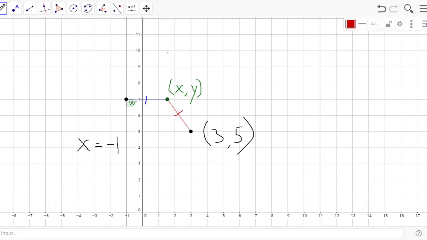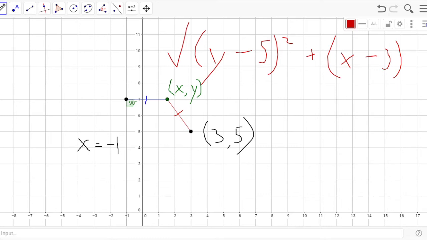Quite simply, this distance is the square root of (y - 5) squared plus (x - 3) squared, because that is the difference in y and the difference in x squared, and then the square root of all that. So that is the equation for the red segment.